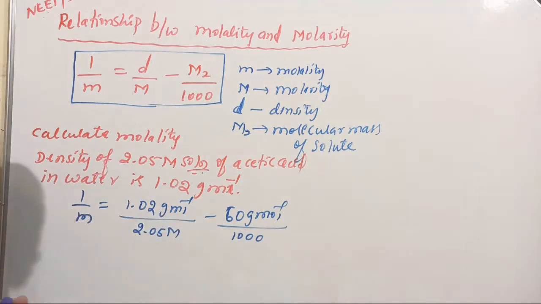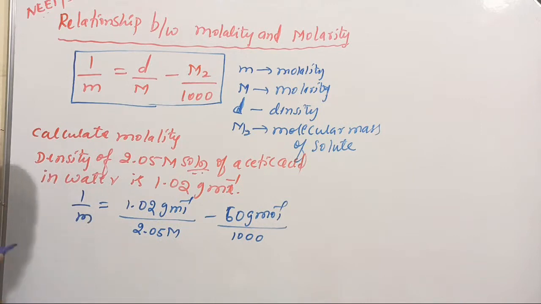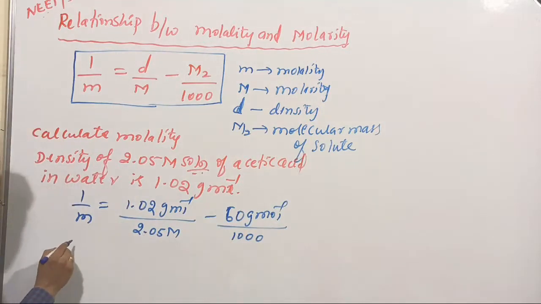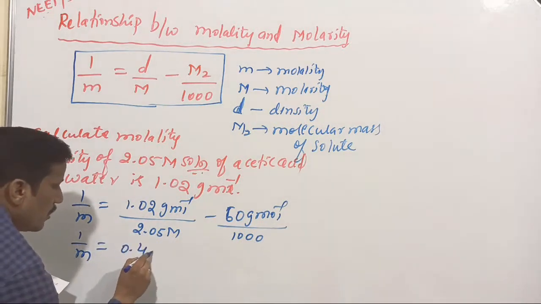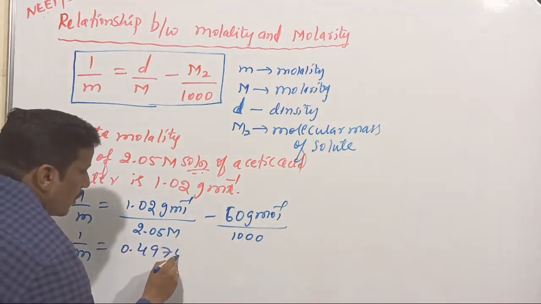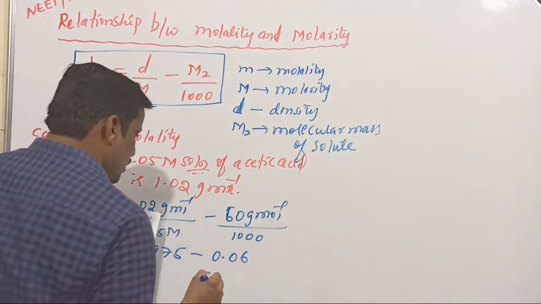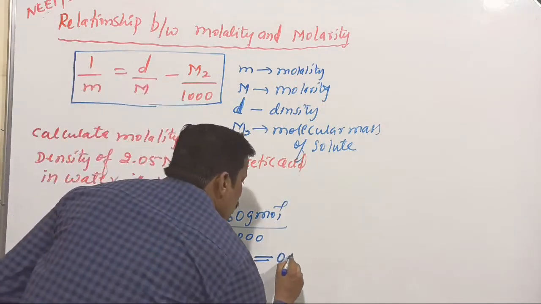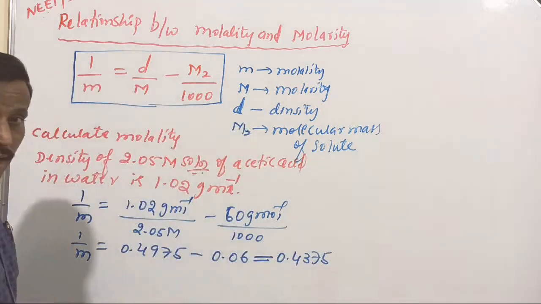Since a calculator is provided, divide these values. 1 by m is equal to 0.4975 minus 0.06, that gives 0.4375. That is 1 by m, not m.